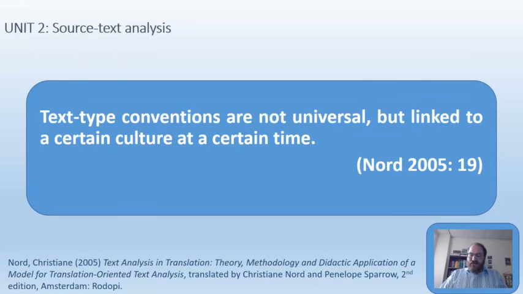The way the text looks, the language use, these will all differ between different languages and cultures. And our job when translating a text is to make it functional. And for that reason, we need to adapt our text to the norms, the textual and cultural norms of the receiving audience, as they influence that kind of text type.